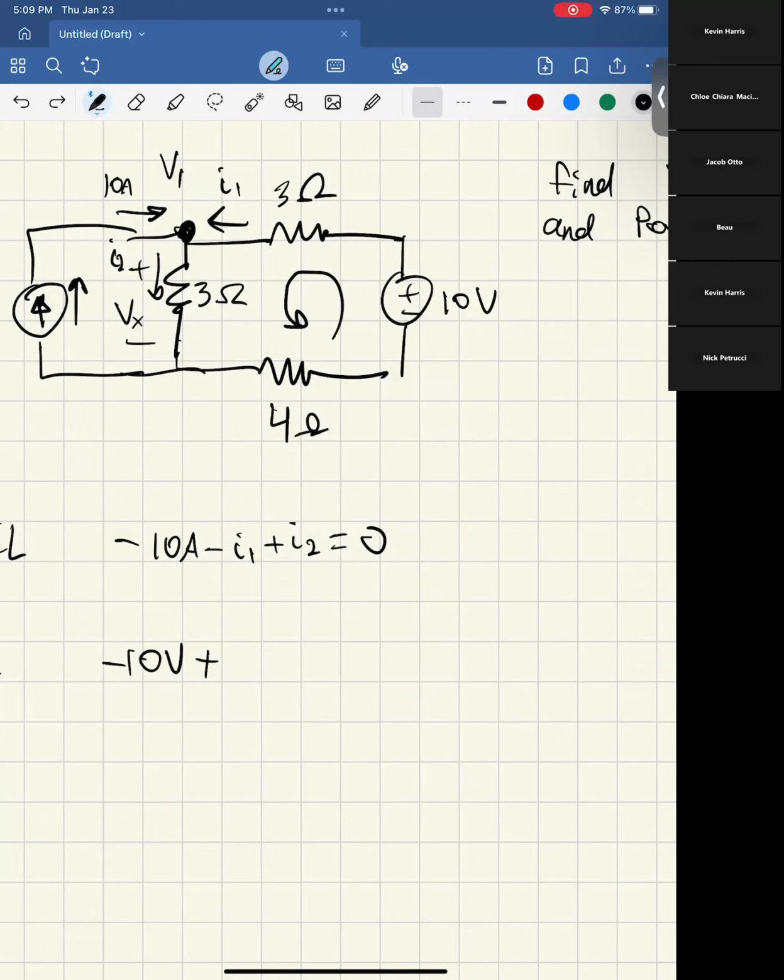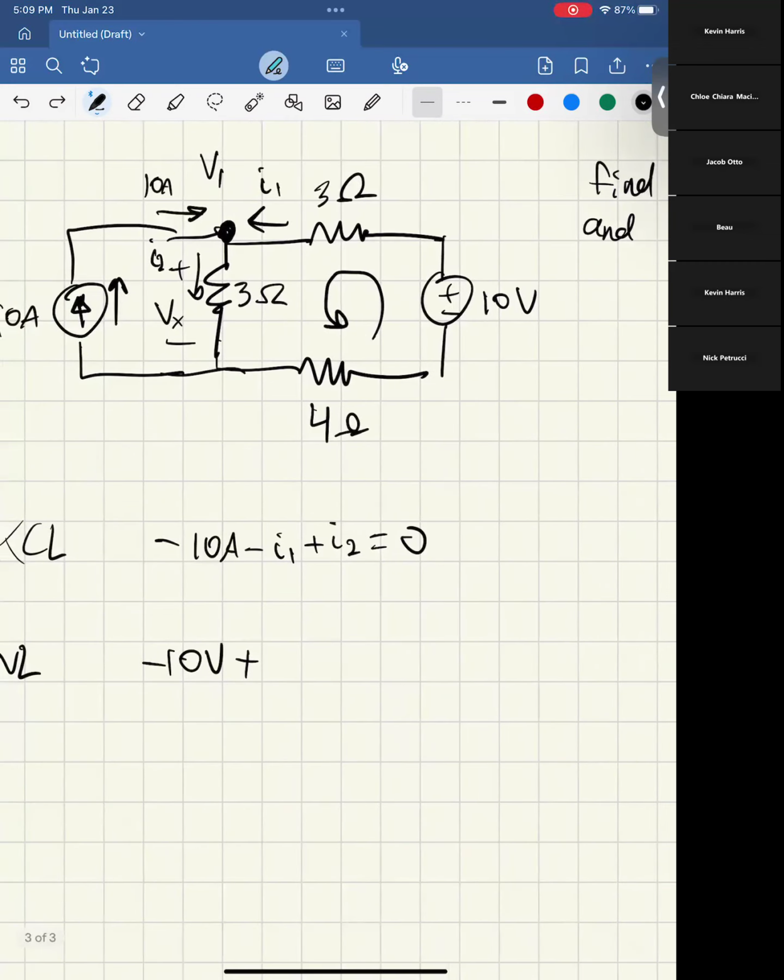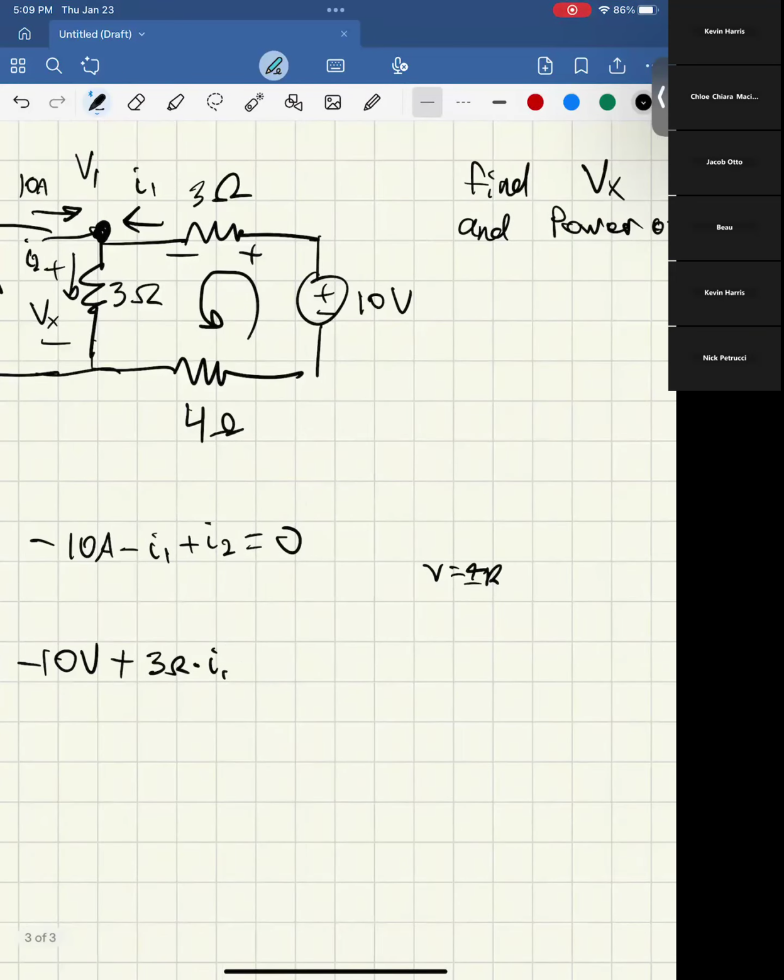So here it would be 10 volts plus, and then remember V equals IR. If we want to find the voltage drop across this, it's going to be 3 ohms times I1, because V equals I times R. And then for the other 3 ohm resistor, it would be 3 ohms times I2.